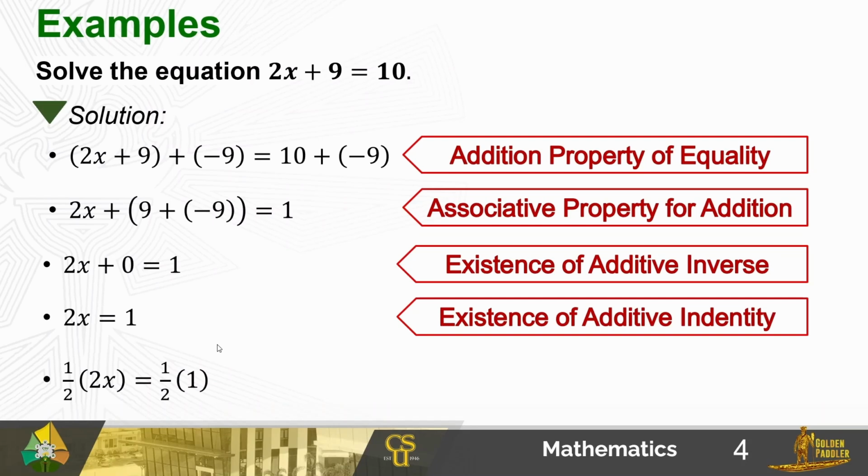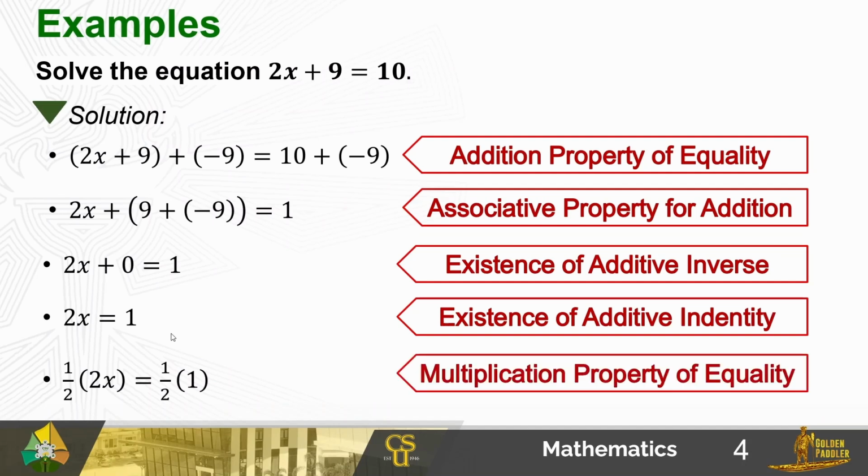What field property or axiom of equality did we use in order to have this? Okay, it is the multiplication property of equality because we multiply both sides by the same number.